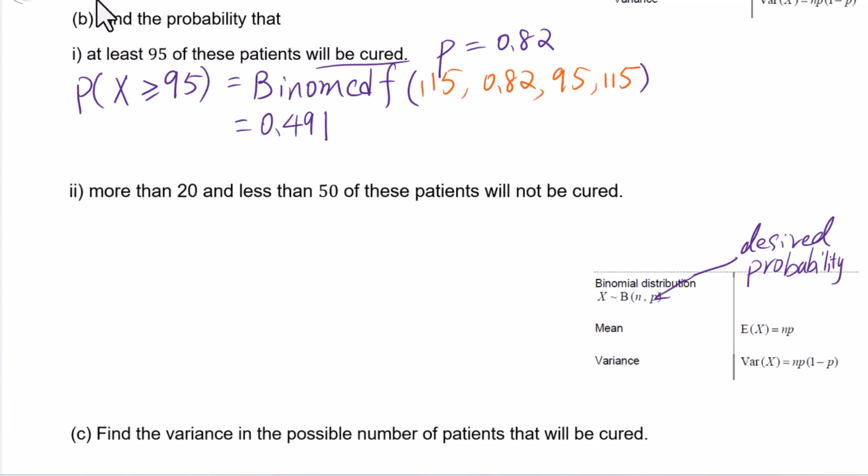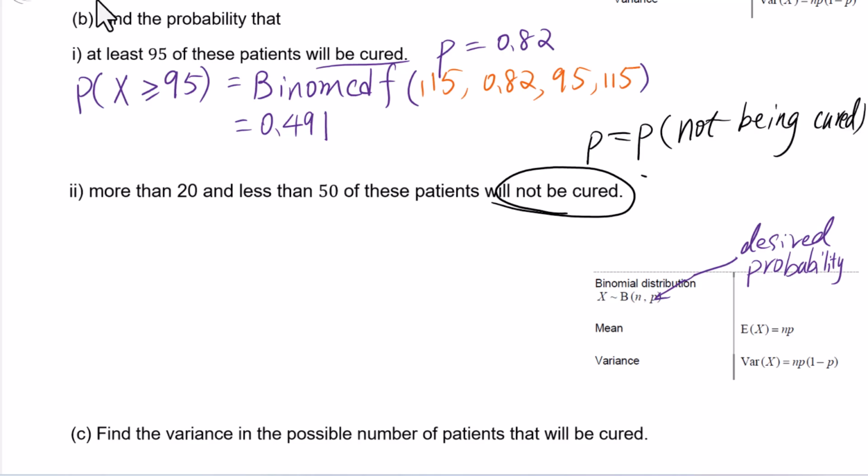Let's go to B2. More than 20 and less than 50 of these patients will not be cured. This time, the desired probability P equals the probability of not being cured, which equals 1 minus 0.82 equals 0.18.